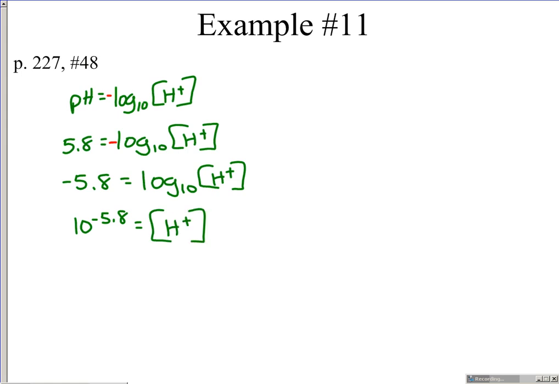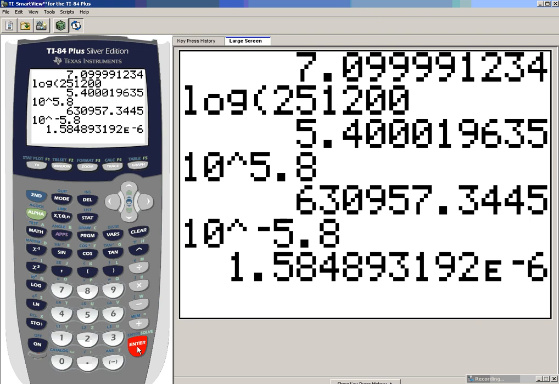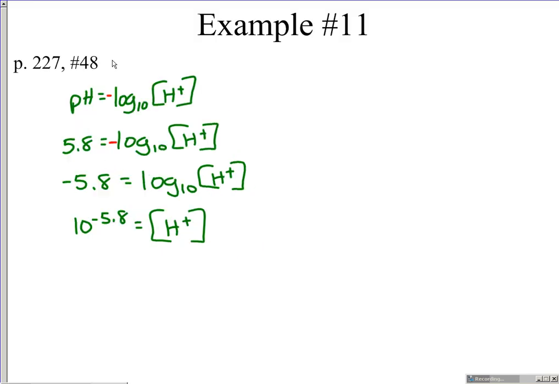Plug that into your calculator, 10 raised to the -5.8. Notice that is 10 to the -6, so we need to add 5 zeros out in front of this. And our concentration of hydrogen in this solution would be there's our 5 zeros, 1, 5, 8.